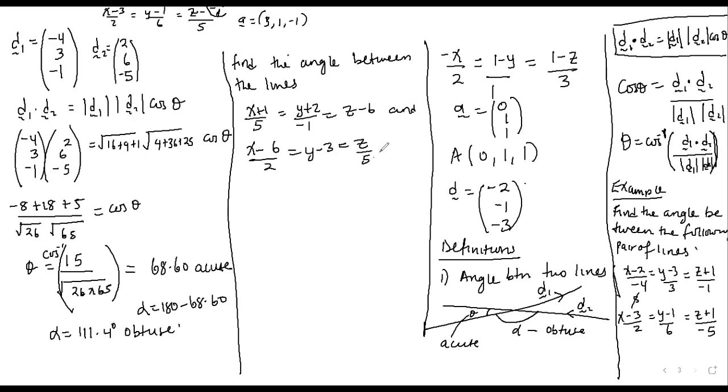So we have here another example. It says find the angle between the lines, that is, find the point of intersection of the lines. So first identify for me D1 and D2.